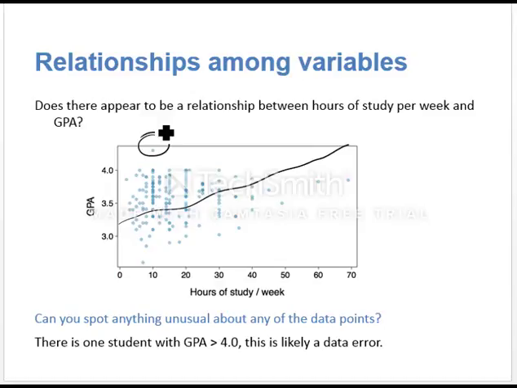Also, we have a few unusual points that are probably not mistakes, just unusual observations. So this is an error here, whereas these are unusual in that the subjects here studied an unusually large number of hours per week.